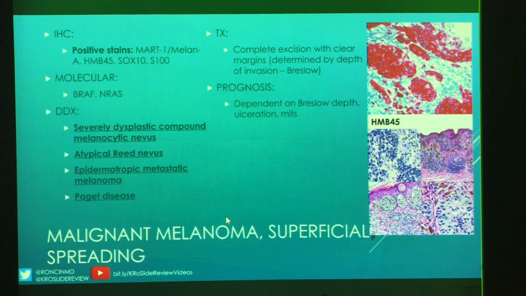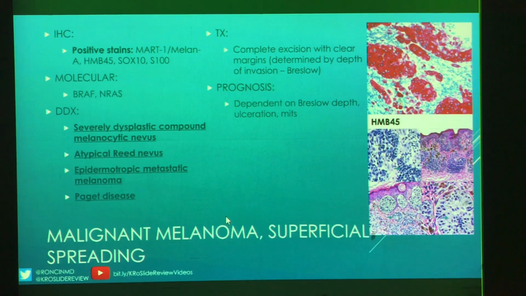Again, your Breslow depth of invasion is going to determine how wide the excision has to be, and your prognosis again depends on your Breslow depth. Is there ulceration? What is your mitotic activity? All those things are important for figuring out what's going on with these cases. What is the overall prognosis going to be for the patient?